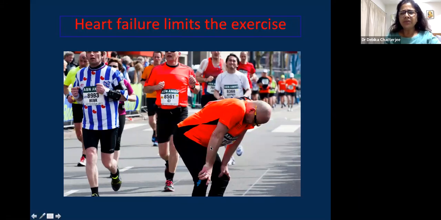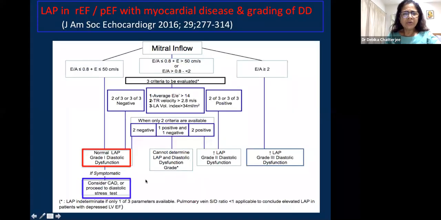Look at this patient. After walking for a while, the patient becomes short of breath, but at rest, he is fine. So this is the group where, though the LA pressure and the LV filling pressure is normal, we should consider coronary artery disease, or we should proceed for diastolic stress test.